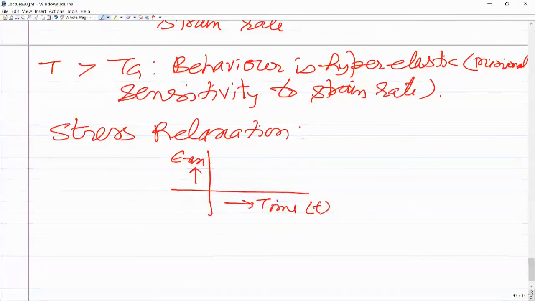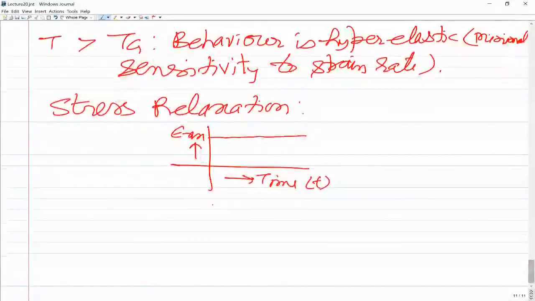To study the stress relaxation behavior, the strain is kept constant. But when you look at the stress, again this axis is time t and this one is sigma x.